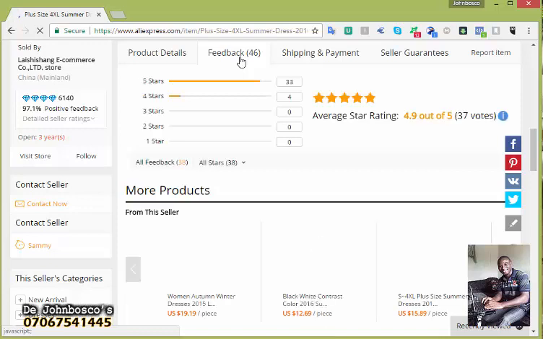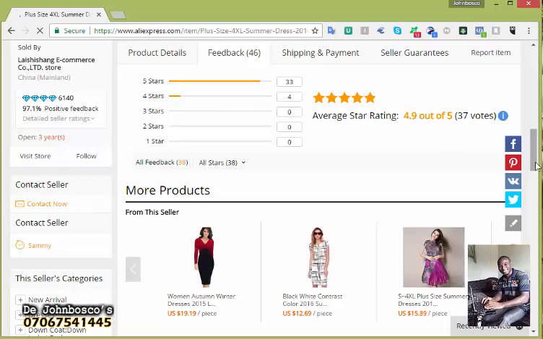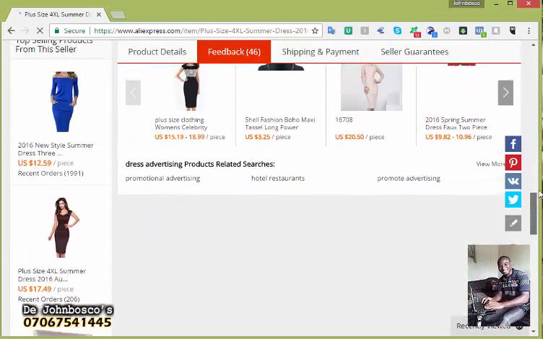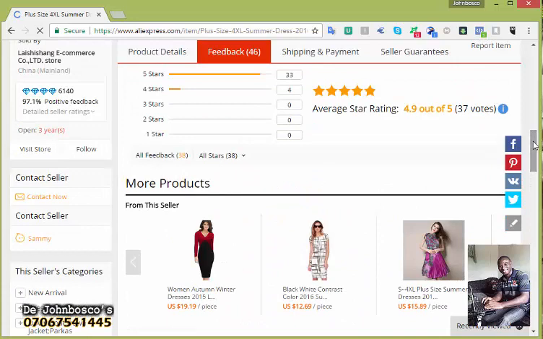Wow, as you can see here, we have 3 people giving 5 stars, and we have 4 people saying 4 stars. That's a good 4.9 over 5. Wow, this is wonderful. But now, what are they saying? What are they really saying? What's their words? You need to look at what they are saying. Are they saying they received it on time?